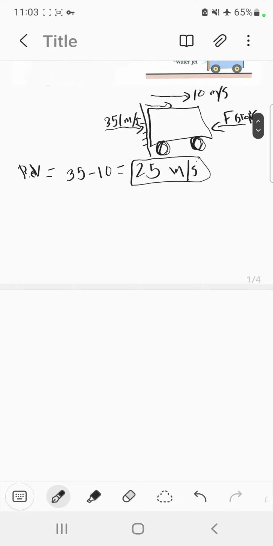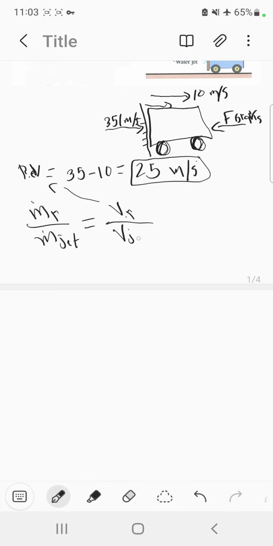So now we need to find the mass flow rate. We have this equation: the mass flow rate over the mass flow rate of the jet equals the relative velocity over the velocity of the jet. We need this mass flow rate, so we have to rearrange the equation.